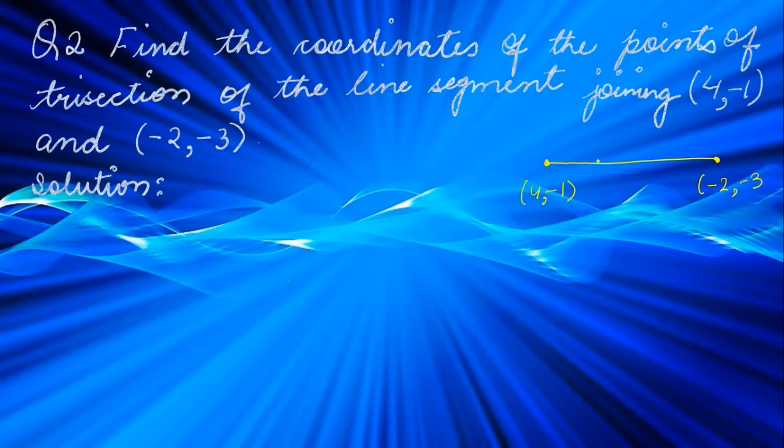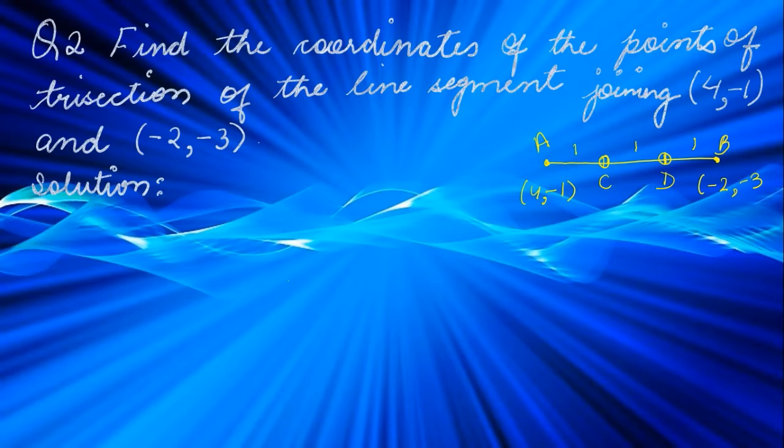That means trisected means it is divided into 3 equal parts. That is, if this is 1, this will be 1 and this also will be 1. Okay. So we want to find out the coordinates of these points, this point and this point. Take the ends to be A, B, and let the points be C and D.